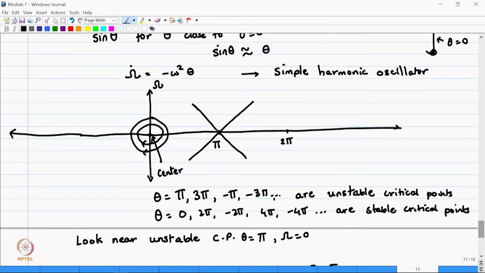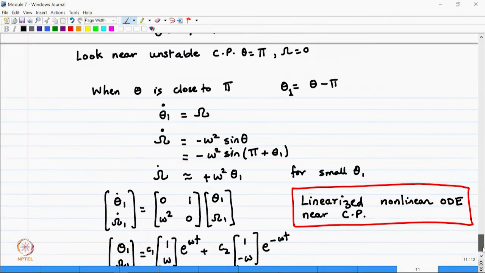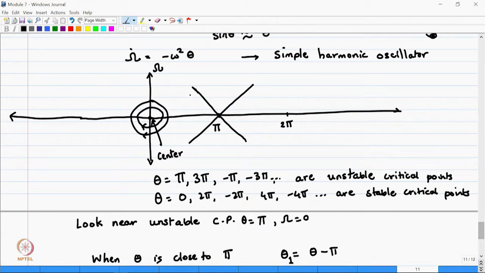So theta 1 is this difference from here. You notice that you have these two lines, which are basically asymptotes. For example, if both C1 and C2 are not equal to 0, then you will be starting somewhere. Let us say you start here.